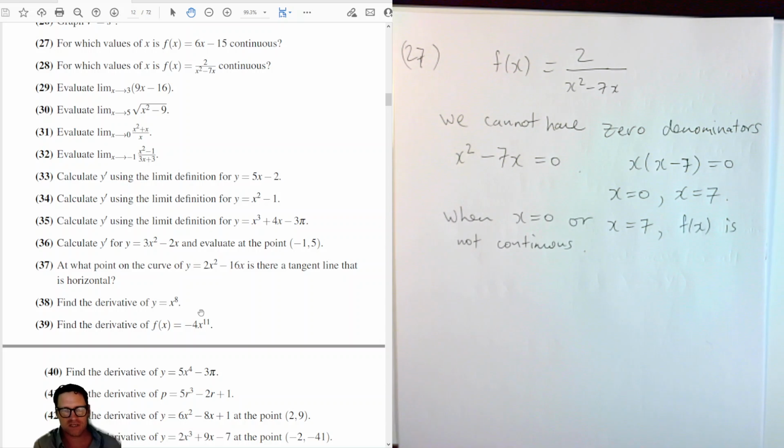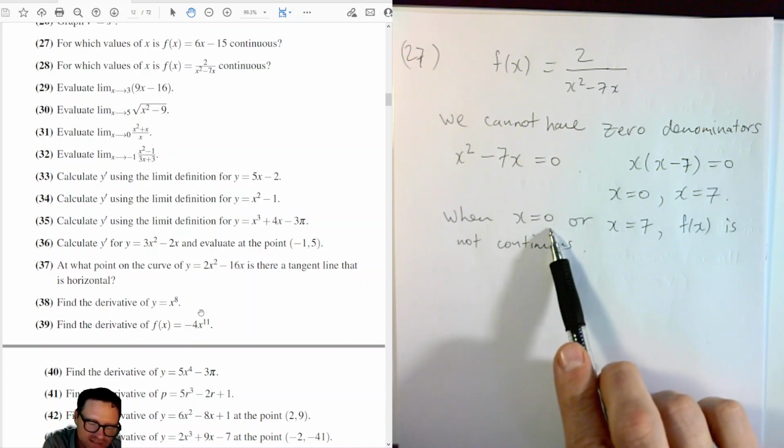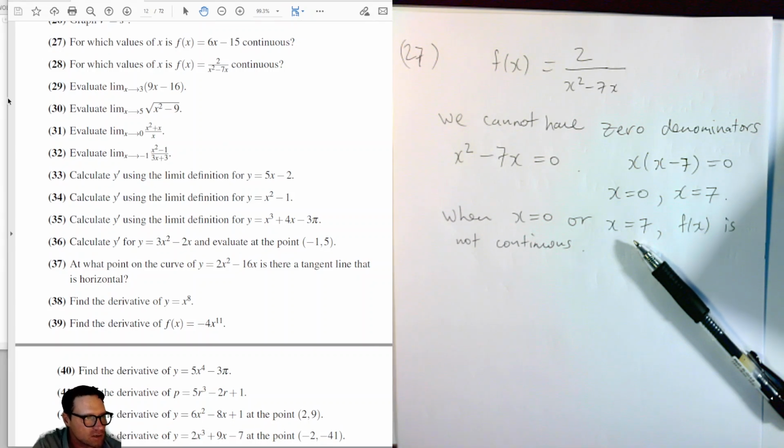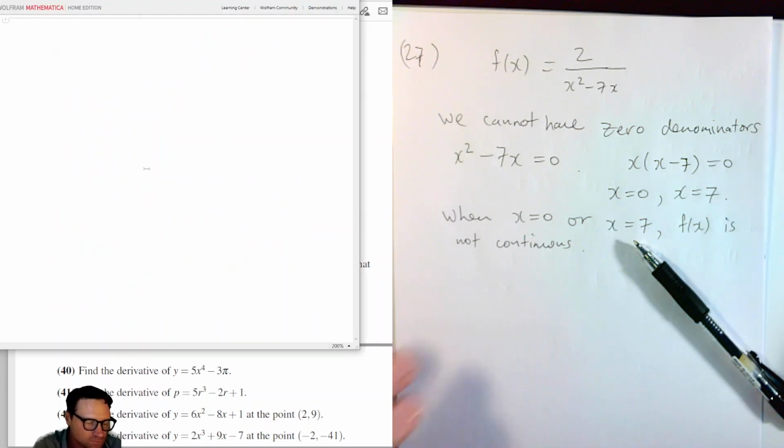So we'll just say it's not continuous there, but it is continuous everywhere else, because in order to sketch this function, I would not need to lift my pen up anywhere except for when x is 0 and when x is 7. So now that we're here, let's just sketch this function using Mathematica.